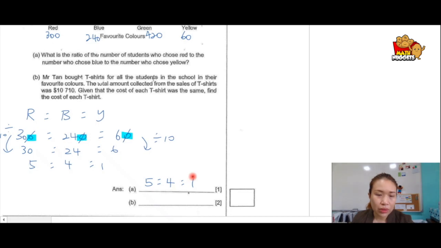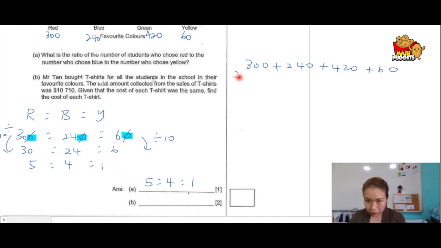Part B, Mr. Tan bought t-shirts for all the students. The total amount collected was $10,710. So for part B, we need to find out the total number of students. So we add 300 plus 240 plus 420 plus 60.